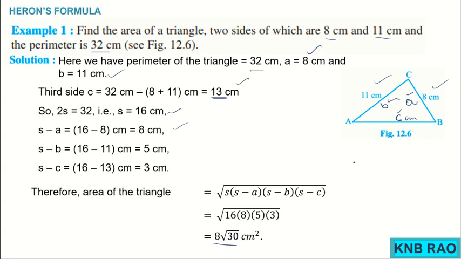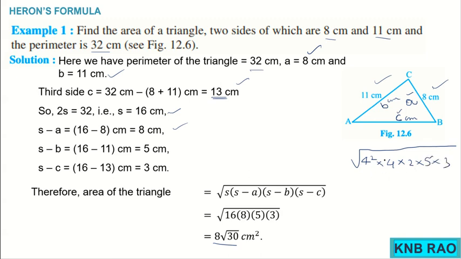If you have doubts, you can just do the finding square root technique. Here root 16, I am writing it as root 4 whole square, and 8 I am writing as 4 into 2, into 5 into 3.